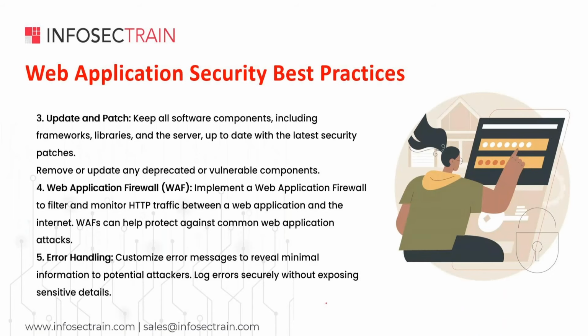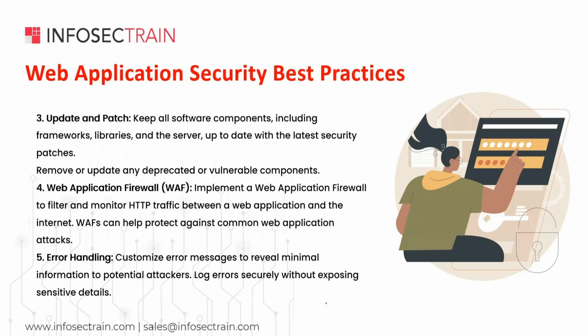Always update and patch your software, your Windows, everything, with the latest security patches. And use a web application firewall. Implement a web application firewall to filter and monitor the traffic, like HTTP traffic between the web application and the internet.